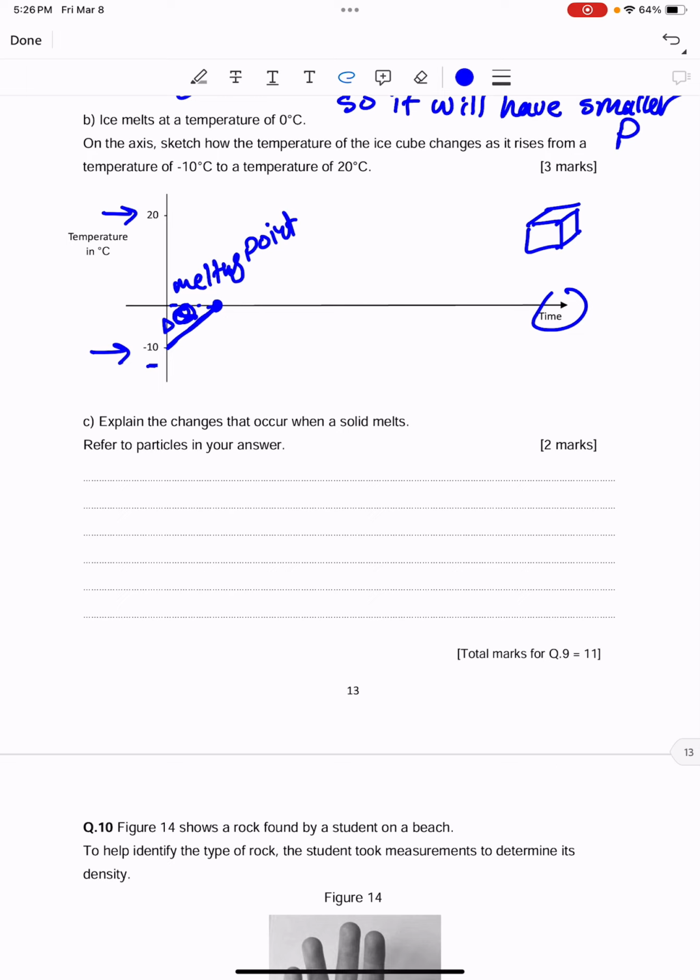So rising the kinetic energy is another way of saying rising the temperature, until this point where the temperature stops rising. No rising in temperature here.